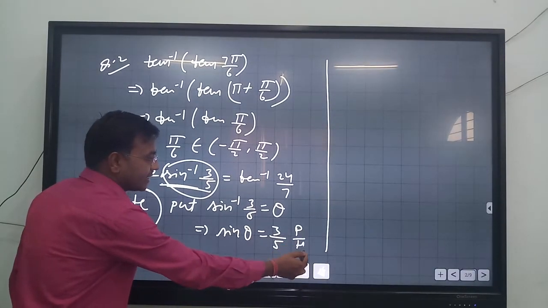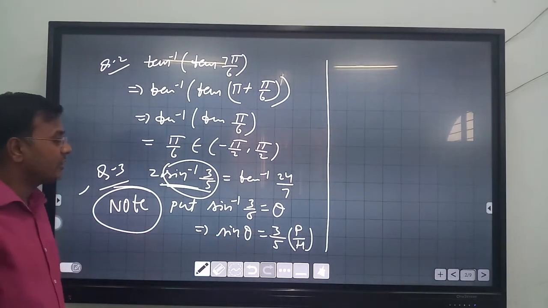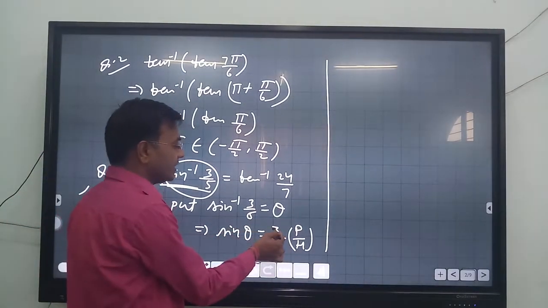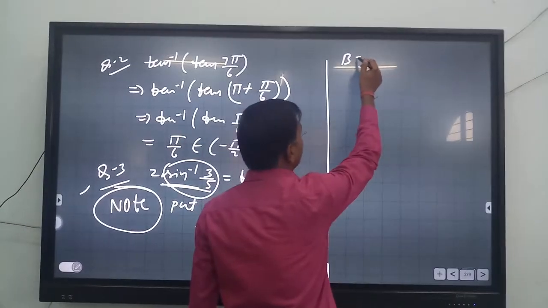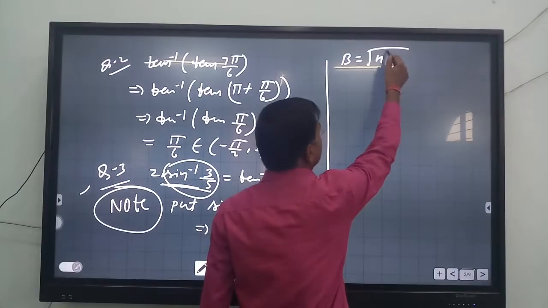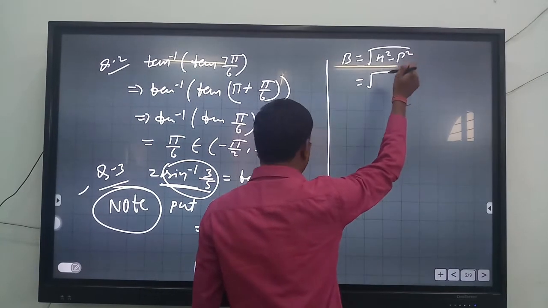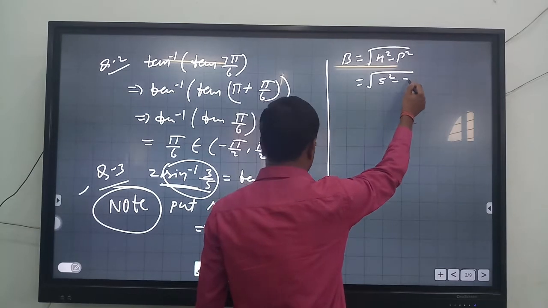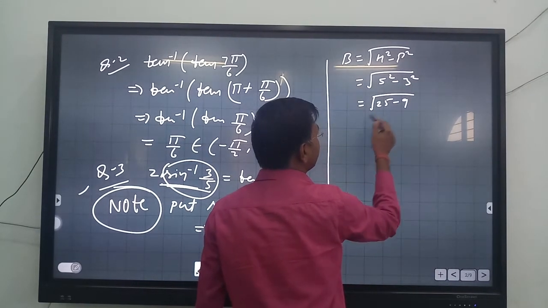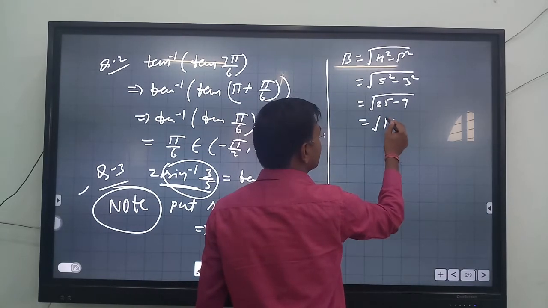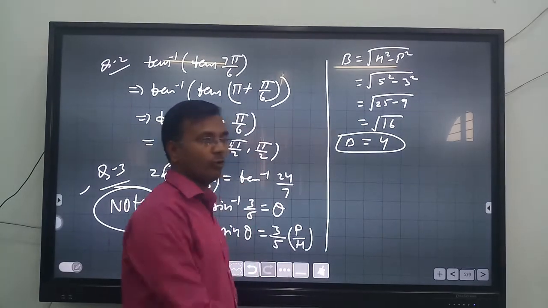And we know that sine is the ratio of perpendicular to hypotenuse, P by H. Now using the Pythagoras theorem, P is 3, H is 5. So what is the value of base? B equals under root of H square minus P square, that is 5 square minus 3 square. So 25 minus 9 is 16, whose root is 4. So base is coming 4.